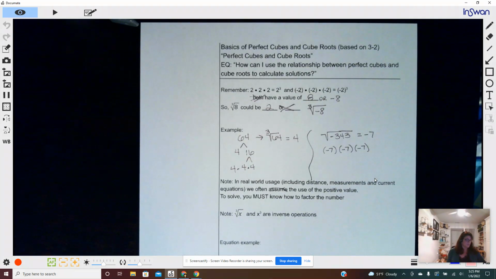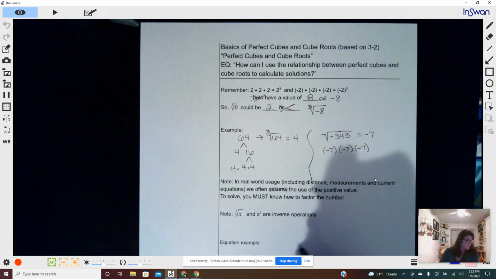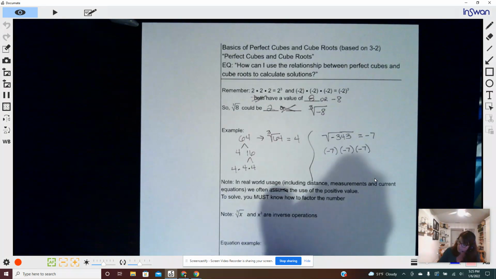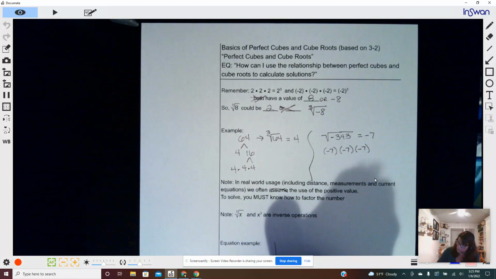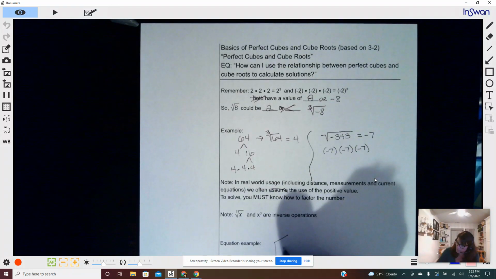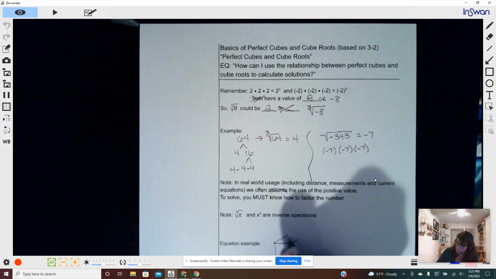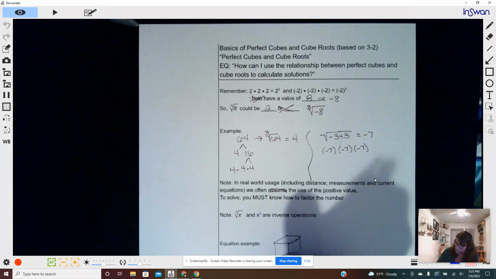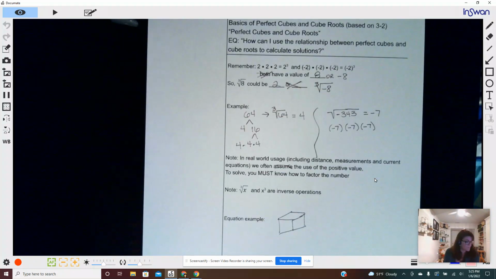So for example, let's say I had a big cube. Okay. And let's say my big cube was, ignore my drawing, I apologize for that.